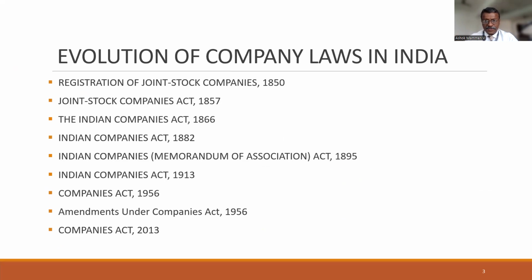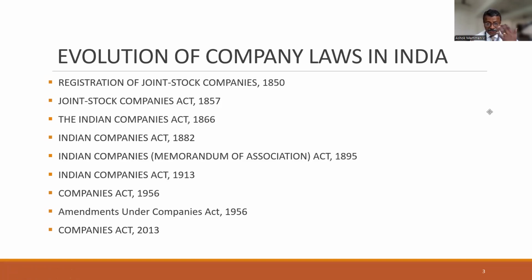If you look at the evolution of company law, before independence and after independence, and how things have moved. If you go through the last three points, there is the Companies Act 1956. What was there before that? You had the Indian Companies Act 1913.